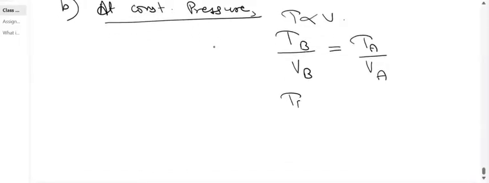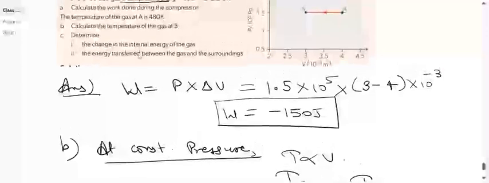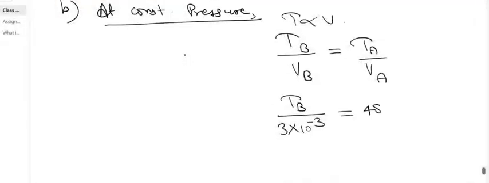So the temperature at B position will be, with volume at B position being 3 into 10 raised to minus 3, and here I will write the temperature at A position. The temperature of the gas at A is 480 Kelvin, and the volume is 4 into 10 raised to minus 3. Calculate and give me the answer.